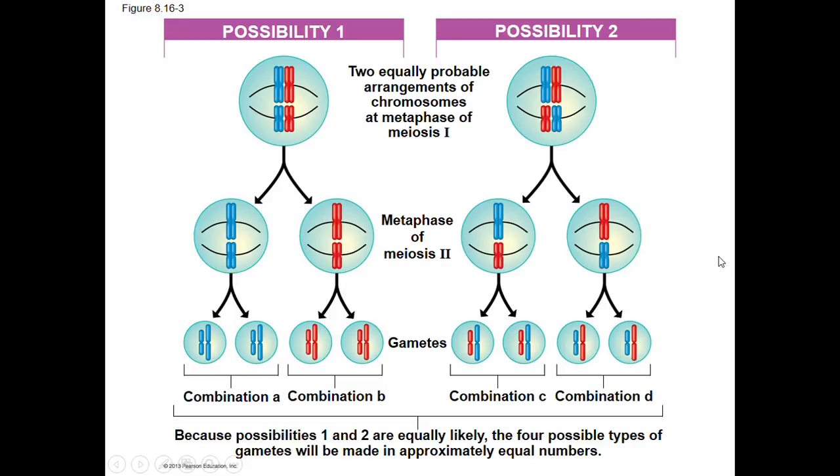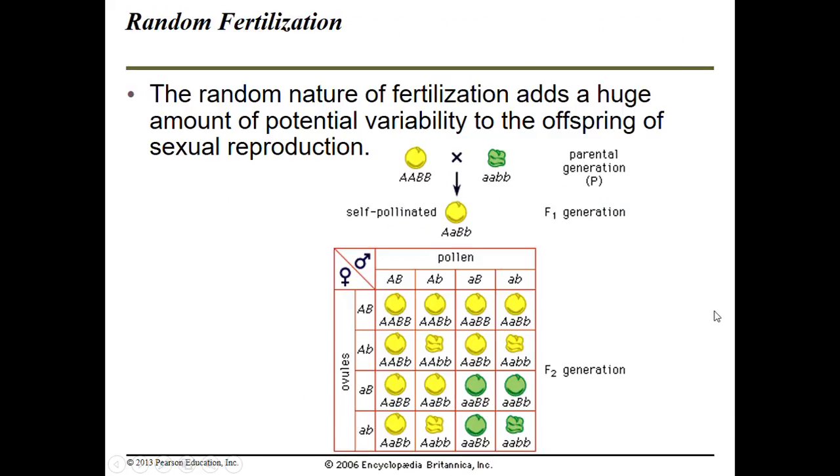It happens randomly. This randomness or variability helps increase the amount of possible variations in offspring of sexual reproduction. And this example here is of Mendel's pea plants, which we'll look at in the next lecture, and of all the different possible variations that can happen.